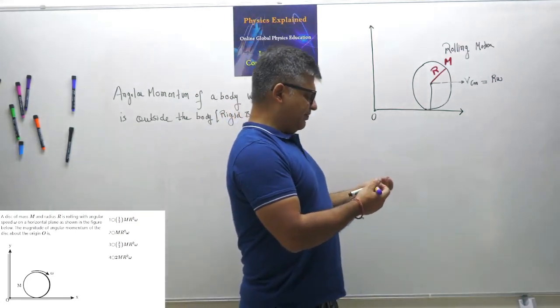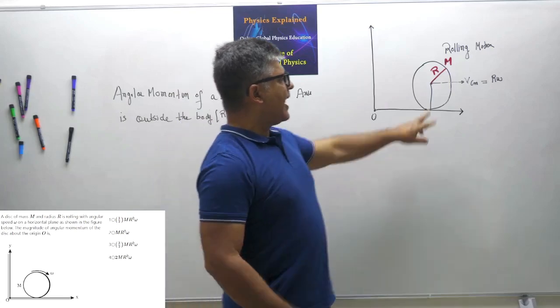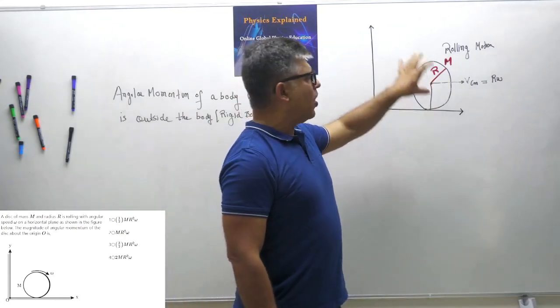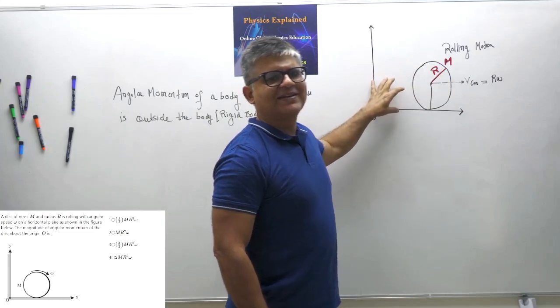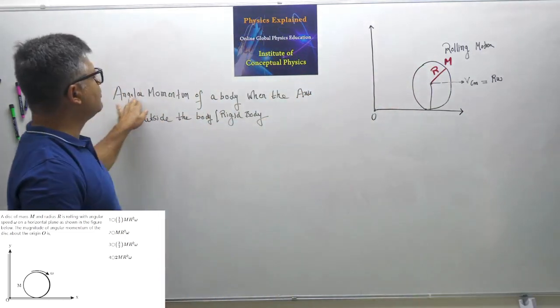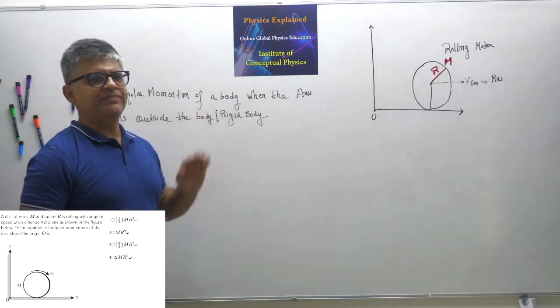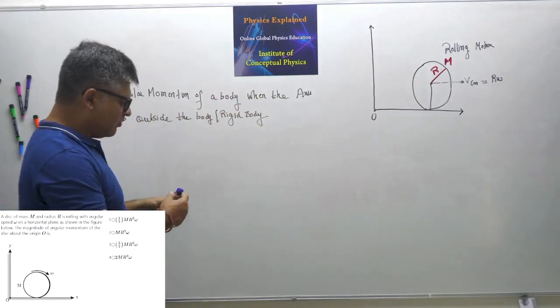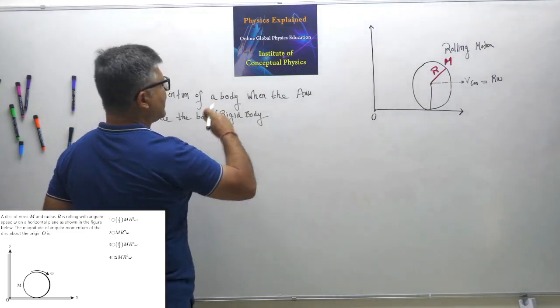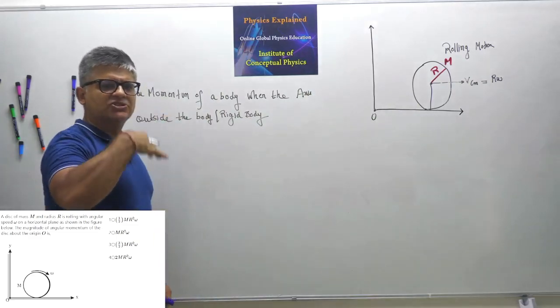Now let's see the approach we have to take. This situation, when the axis is not on the rigid body but outside the rigid body, is a different question. We call this angular momentum of a body when the axis is outside the body. How do we solve it? We find the angular momentum of the body about its own axis.